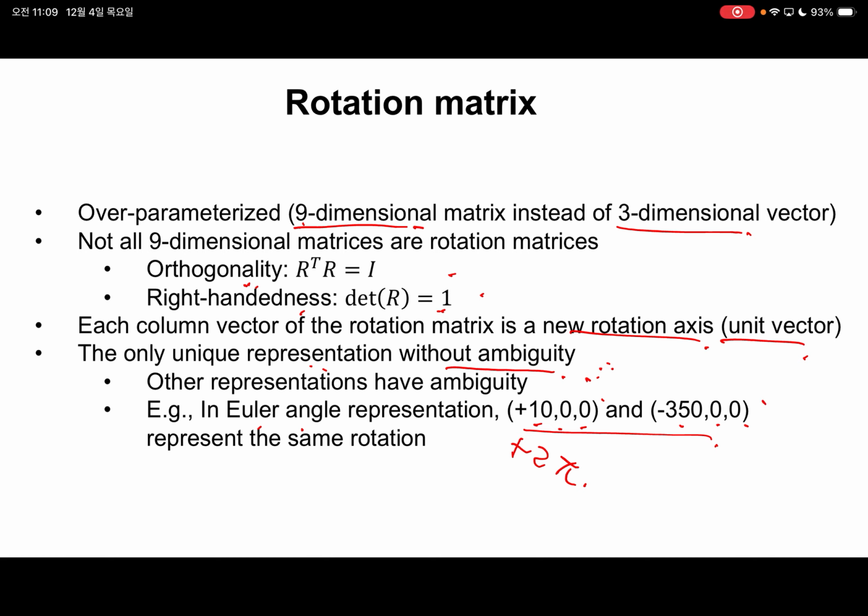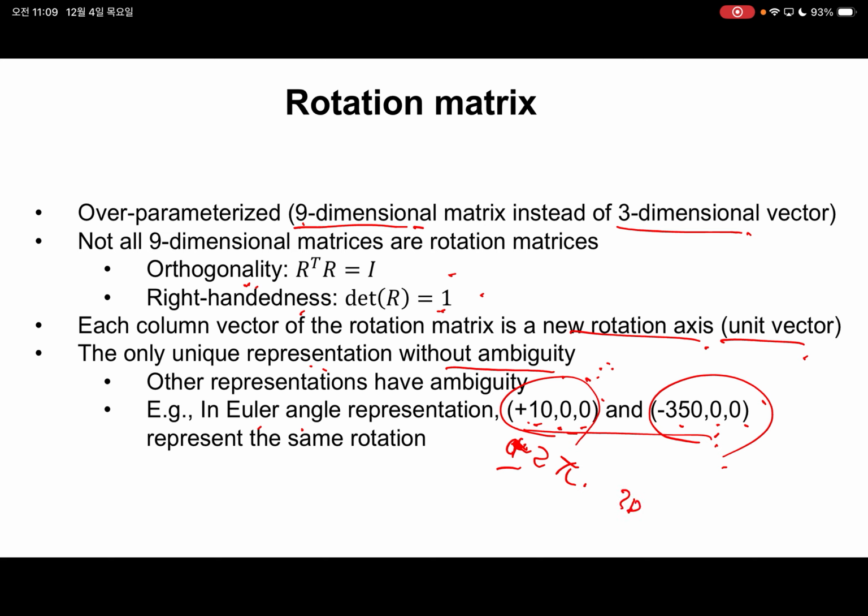We can add 2 pi, and then this rotation and that rotation are the same, but they have different numbers, right? So Euler angles have ambiguity, and of course other representations do too, but this one is the easiest example. We can add 2 pi radians, or subtract 2 pi, and then these numbers are clearly different, but they represent the same rotation.